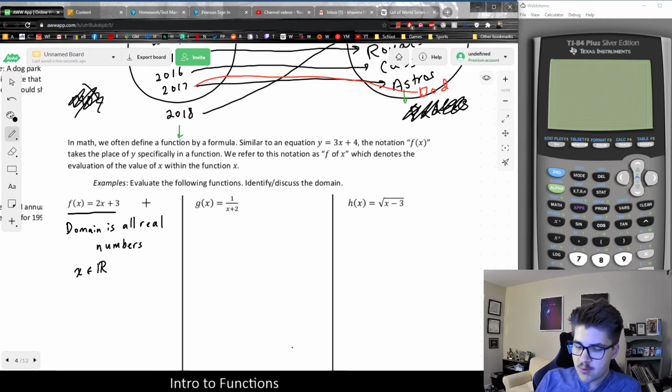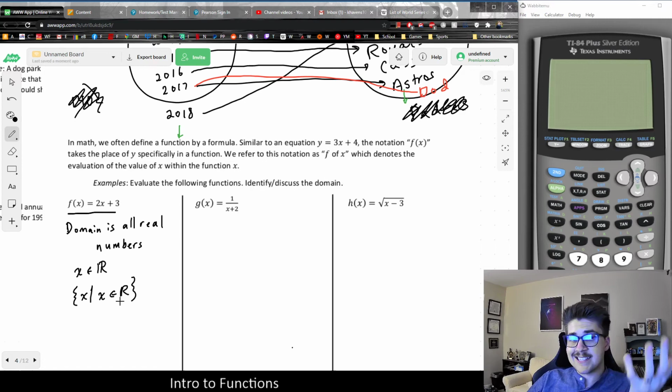And another way we could write that is if you're using set builder notation, and in the homework you'll sometimes see it written like this, is basically instead of writing it the way I did here, we'll write it as a set, where we write it's a set of numbers, and in math the braces are used to denote a group of numbers.